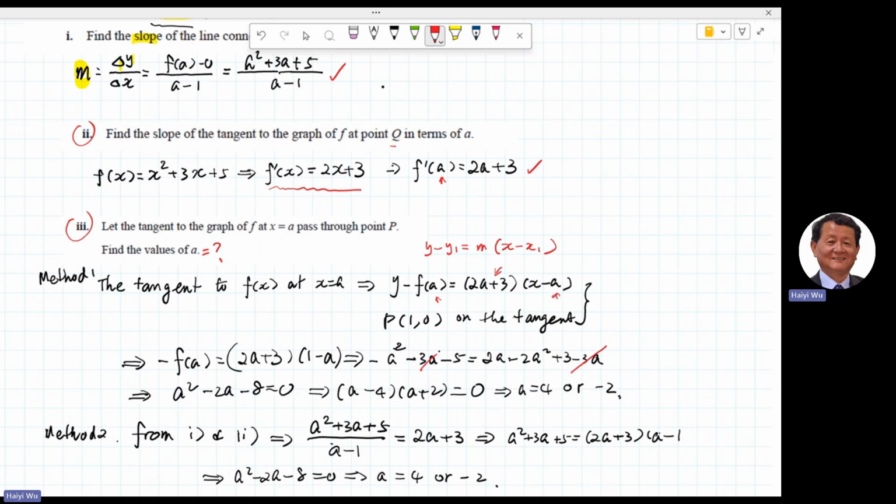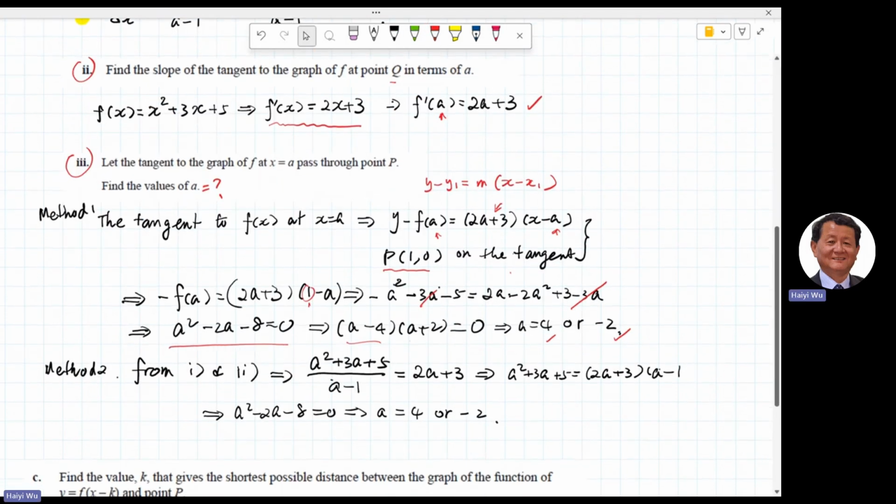Because P(1, 0) is on the tangent, we substitute x becomes 1 and y becomes 0. So we can solve that equation. It becomes a squared minus 2a minus 4... then factorize, so a is 4 or negative 2, sorry.